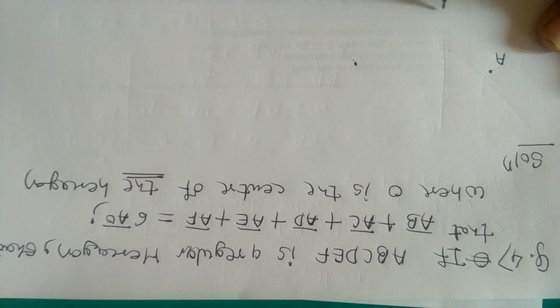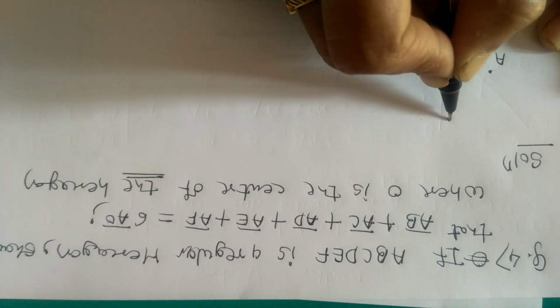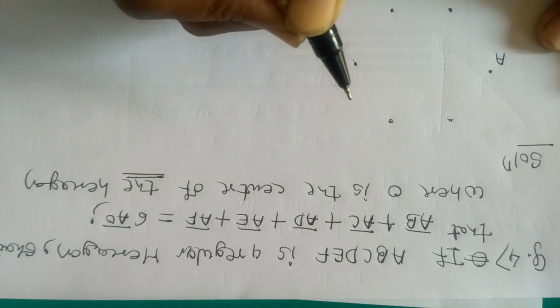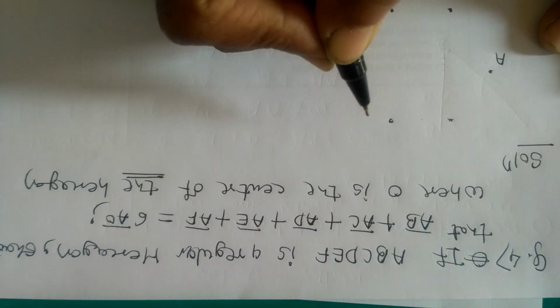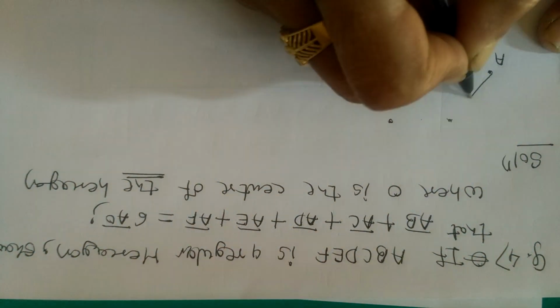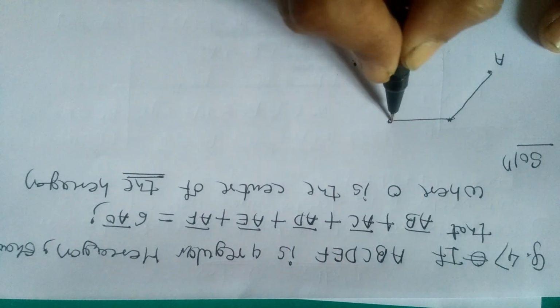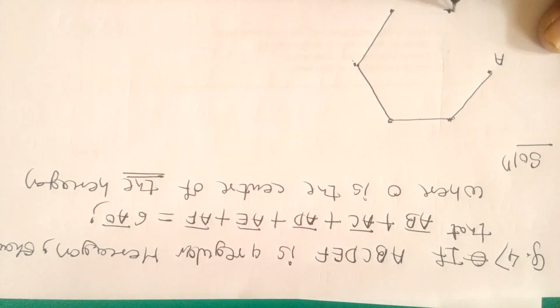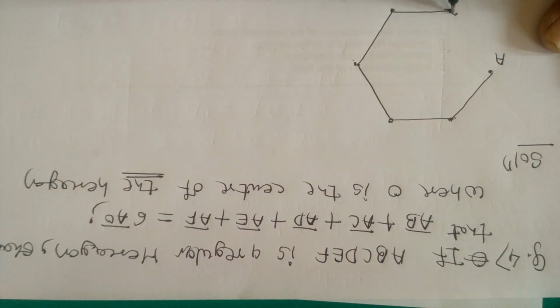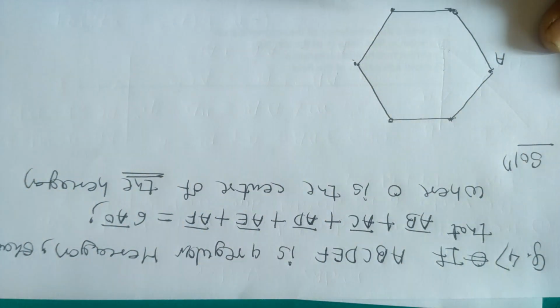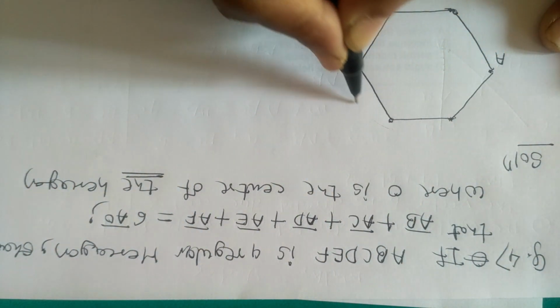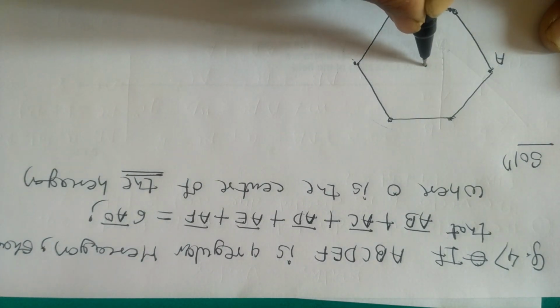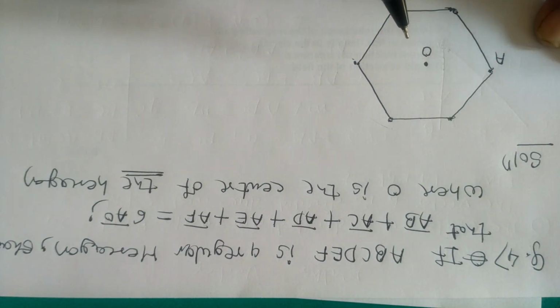All these vertices lie along the circle. This is one side, this is the second side, this is third, fourth, fifth, and this is sixth. As all these vertices lie along the circle, we take O as the center of the circle.